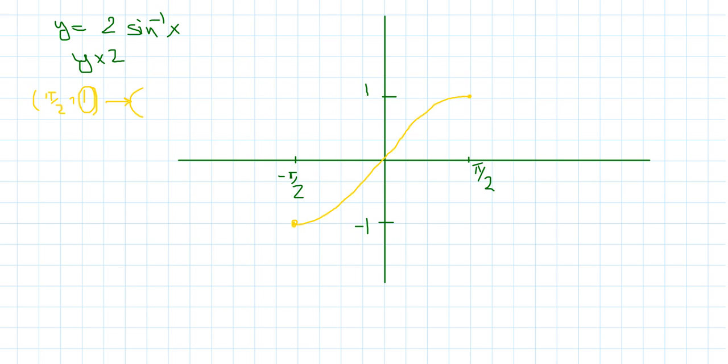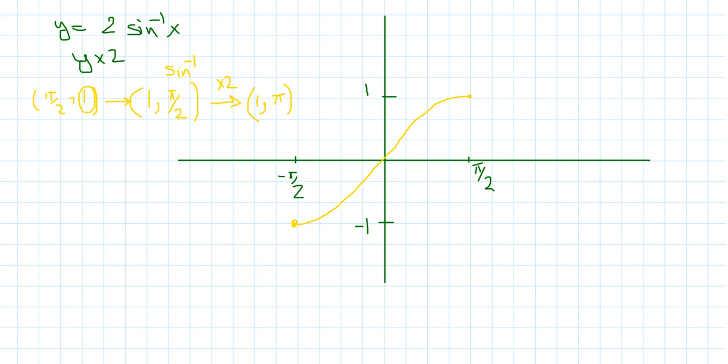If I want to inverse it, it is 1 and pi over 2. Now it is sine inverse. If I change it more, times 2, y times 2, it will be 2 sine inverse. So it means 1 and pi. Okay, so my first point is 1 and pi.